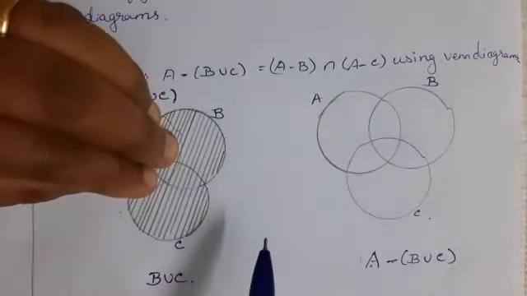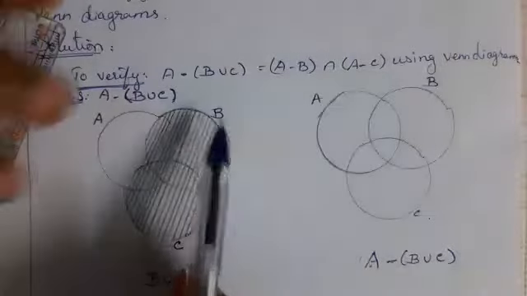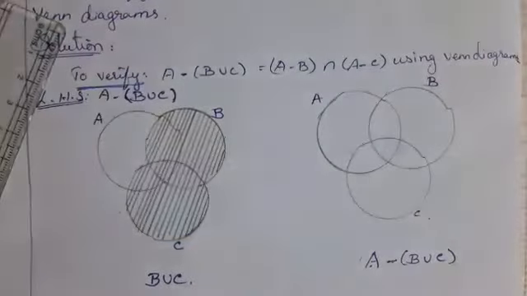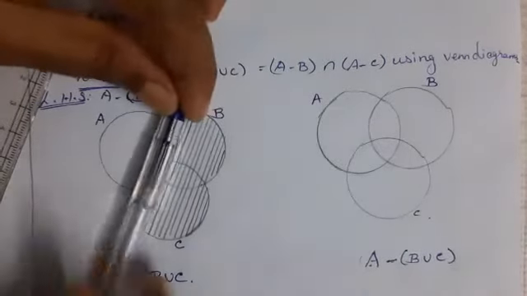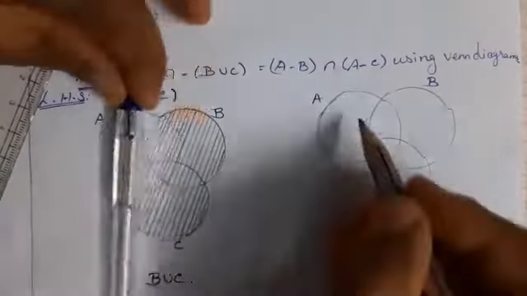A minus, now see the diagram, B union C. Therefore, from the A, you leave this portion. Therefore, only this portion you must shade.